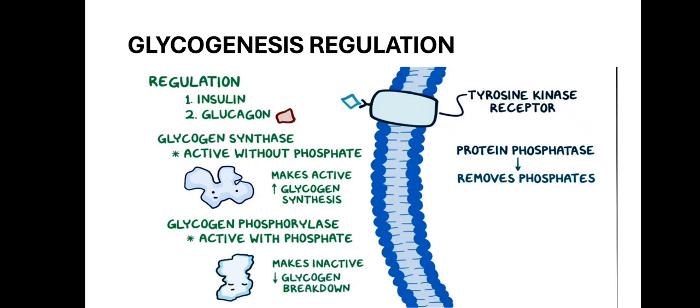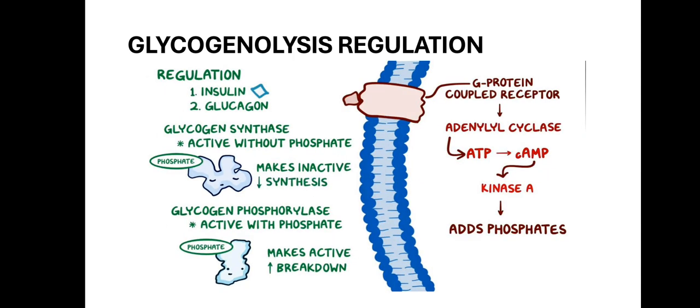Now let's talk about glycogenolysis. In this case, we use glucagon. Remember, glucagon promotes glycogenolysis, or the breakdown of glycogen. So how does it do that? I told you the rate limiting enzyme of glycogenolysis is glycogen phosphorylase.